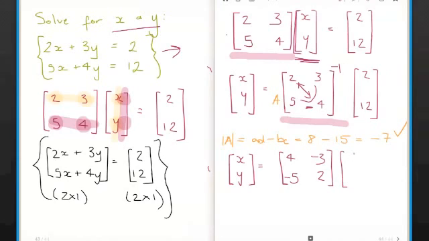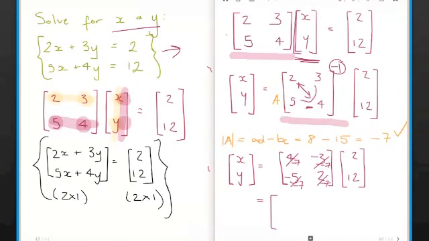Only those first two, 2 and 12... And now, because we don't have this sticky minus 1 up here, we just multiply out. And we get 4 times 2 is, oh hang on, no, I haven't finished this, have I? Nope, my bad. Over minus 7, over minus 7, over minus 7. Be careful, I always forget that bit.